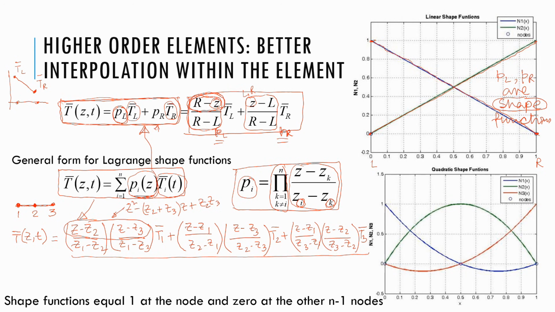Now, if you recall how we got the finite element equations, so at the end, that set of linear equations, how we got them was we put this linear interpolation for 2D back into the equation, and we minimize the error. So we do the same thing now.